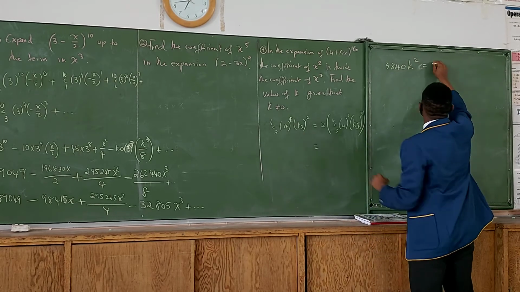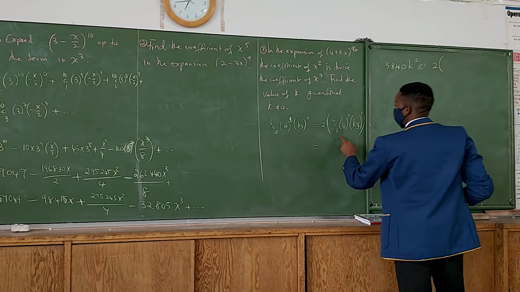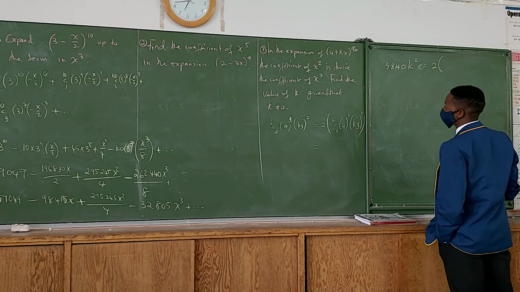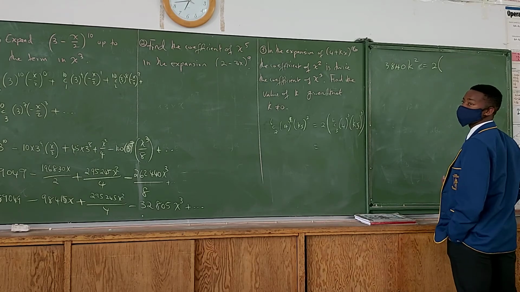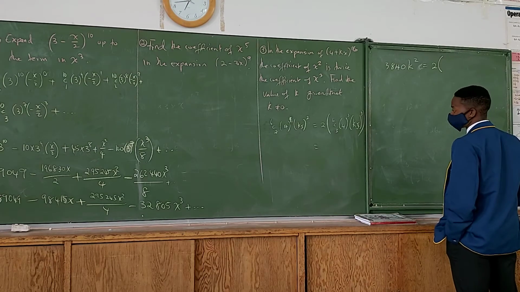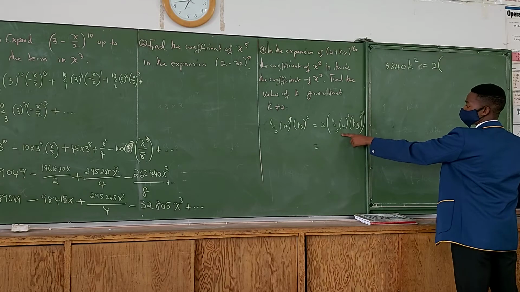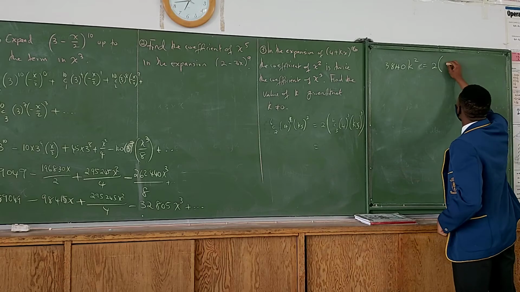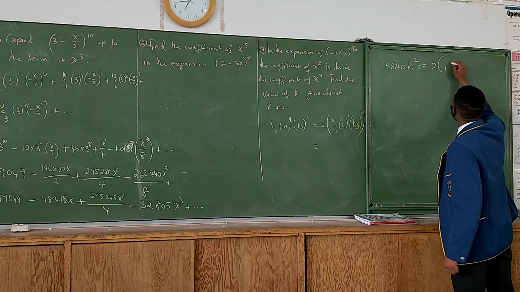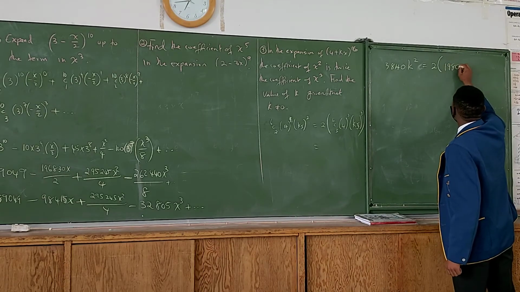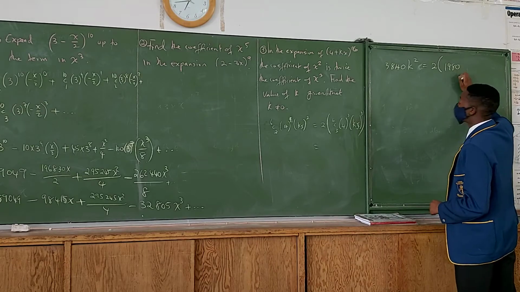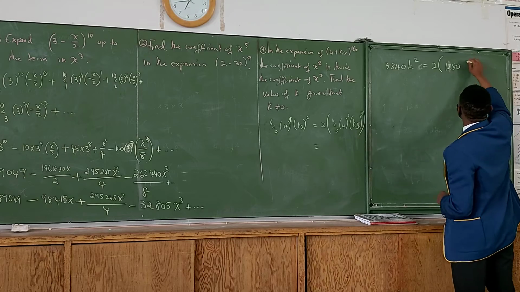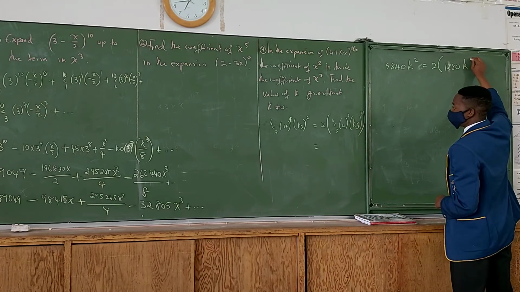Equals to 6C3 times 4 cubed. Do that one. 1,280. Sorry. k cubed.